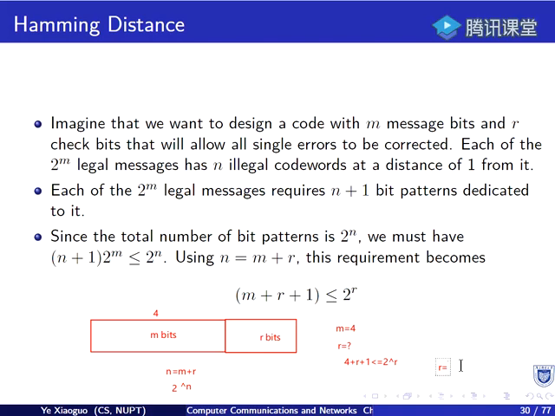We should get the minimum integer value. So r is 3, right? 4 plus 3 plus 1 is 8, and 2 to the 3 is 8. So r is 3. So this is the example.